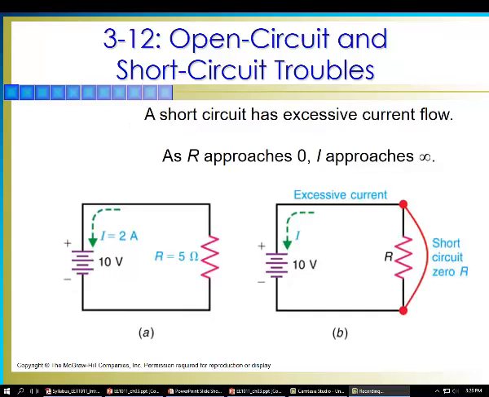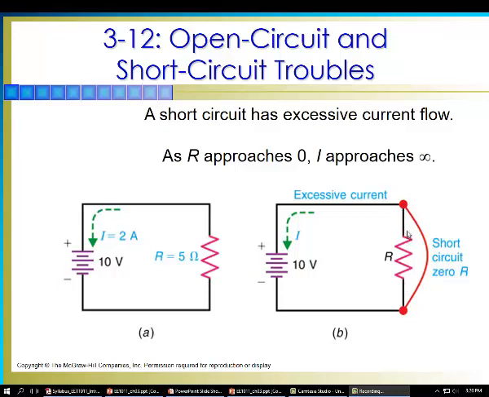And also, a short circuit has excessive current flow as R approaches zero. The current will be infinite. Let's assume this is a regular circuit. You have 2 amperes, 10 volts, and the resistor is 5 ohms. If you connect a wire from this point to this point, then this is what we call a short circuit.